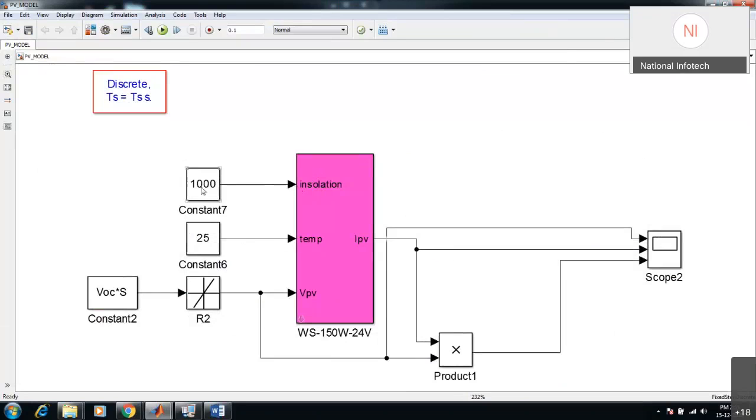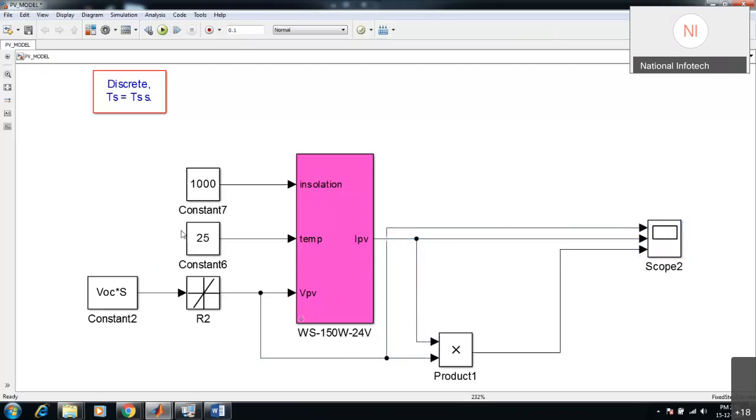So we'll be getting 450 watt power, as one panel is of 150 watts. So into 3 we will get 450 watt power. This is the current IPV we are getting, and this is the VPV. We multiply IPV by VPV and we get the power PPV.